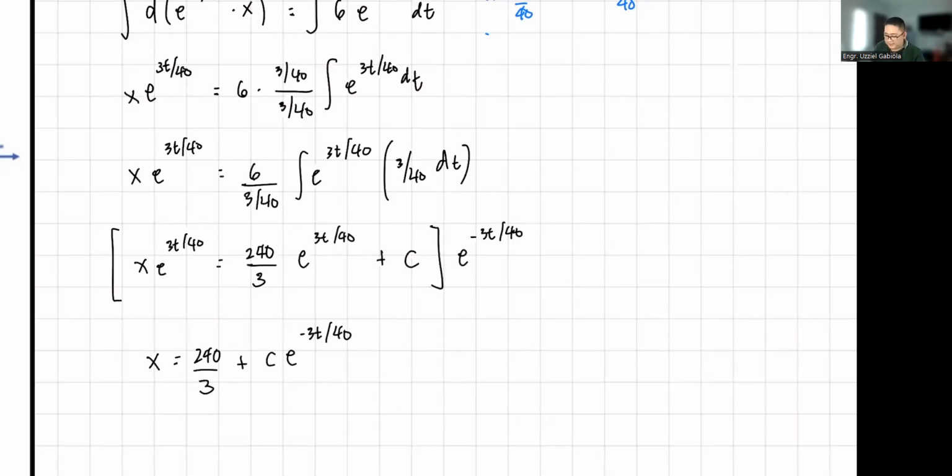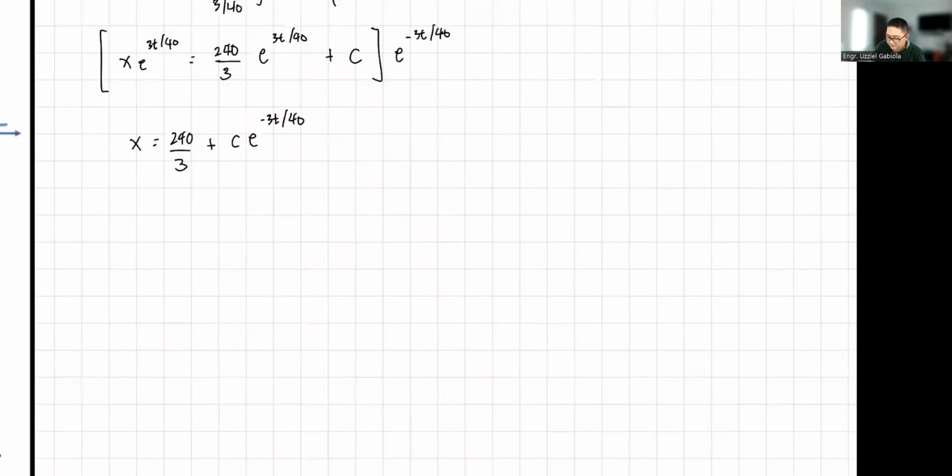Okay? Pero meron pa tayong value ng c. Okay? So, para mawala yung c, kailangan gamitin natin yung initial condition natin. Okay? So, ito yung general formula natin. So, para makuha si c, di ba sabi natin, at t is equals to 0, yung initial condition natin, yung mixture natin dun sa loob ng tank ano yung magiging x natin?